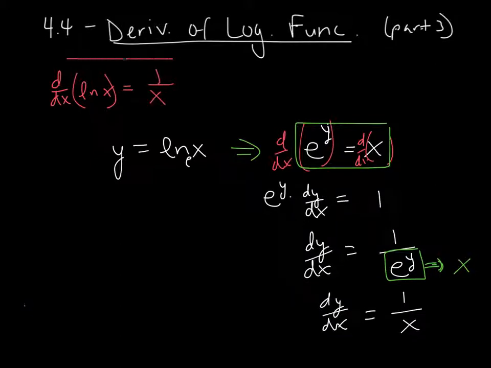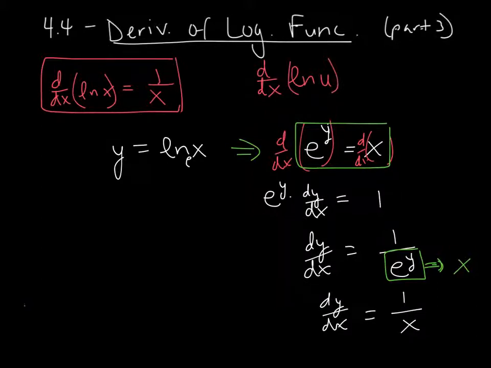Now that's a pretty nice rule. What we have established is natural log of my function x, derivative will always be 1 over x. We should be able to change that to be an appropriate differentiation rule for natural log of any function, not just x, because we know that that could be a function in there.